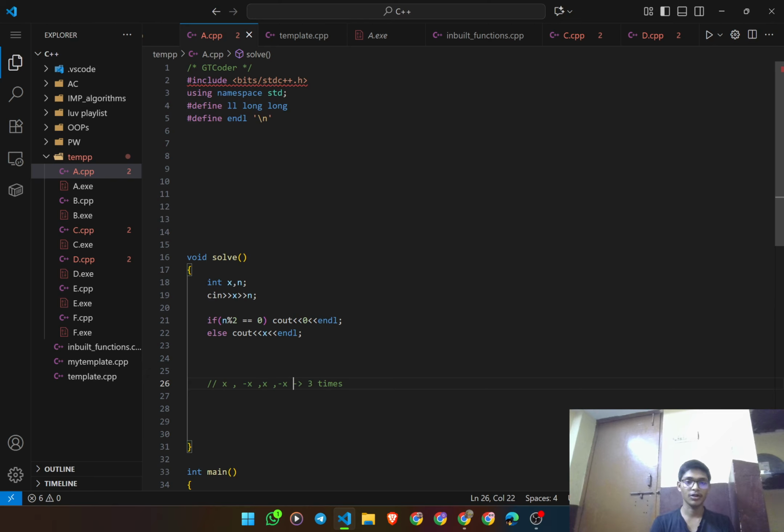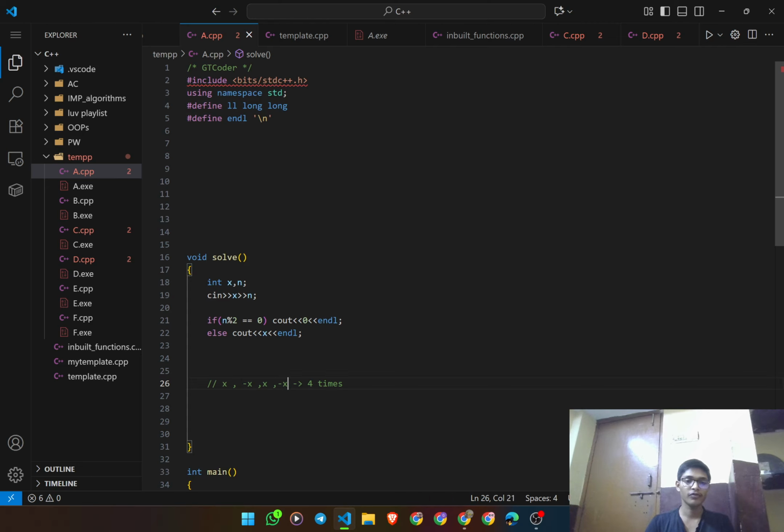Now again the next term will be minus x. So in that way the x will be repeated. Now this will be cancelled out, this will be cancelled out. So if n is even, the whole thing will be cancelled out and we will print 0, and if it is odd, then x will be printed here, because we are printing first x then minus x.